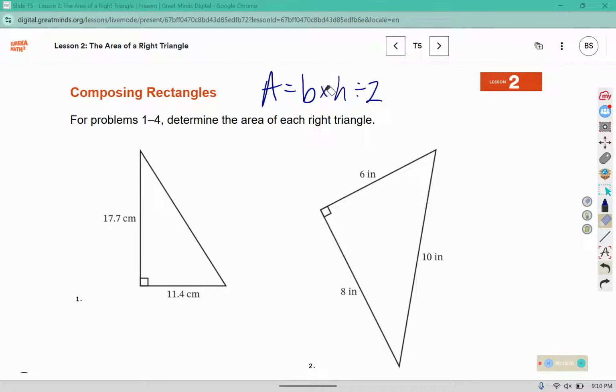Typically, we don't use the X for multiplication when we have letters, so we're going to use that dot for multiplication. Here we have the base is 11.4, the height is 17.7, and then we divide by 2. These two side lengths are connected by a right angle.